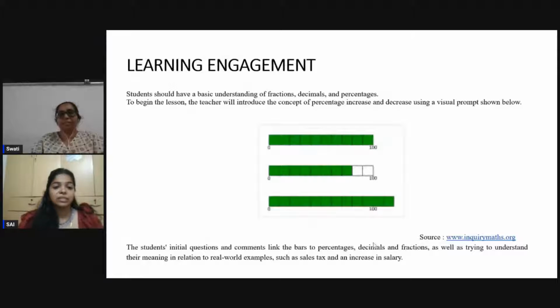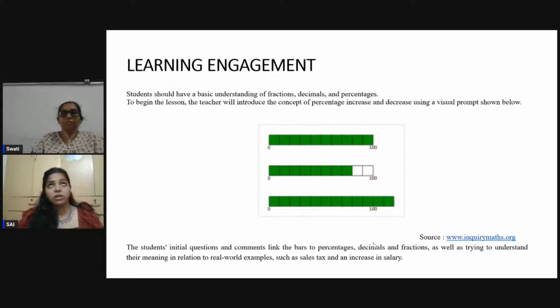So basically, this will be the learning engagement that the students will be exposed to initially, and they will have questions and comments about the prompt, how they can link the bars to percentages, decimals, fractions, whichever form they are comfortable with, and to understand the meaning it has with respect to real world examples.